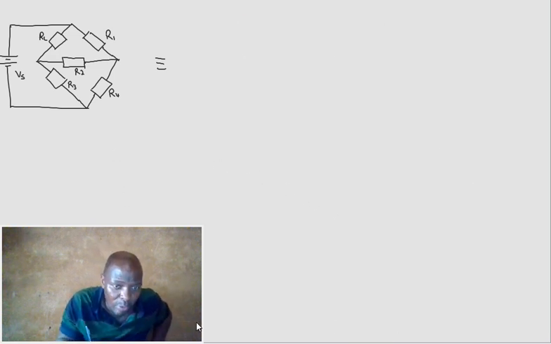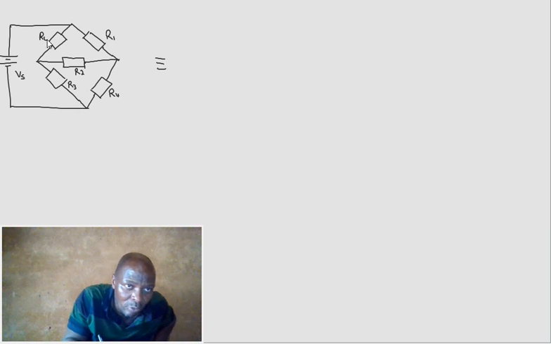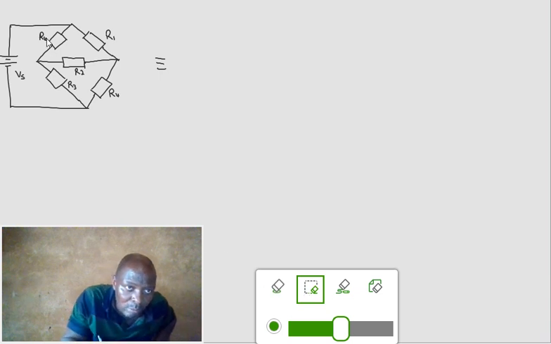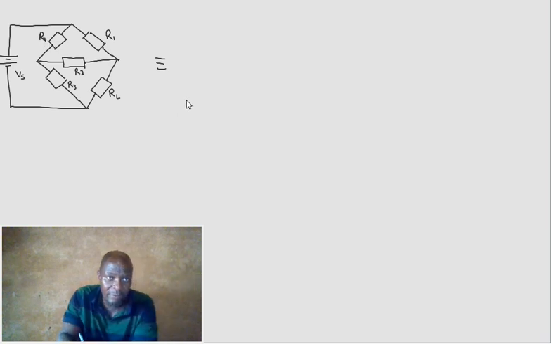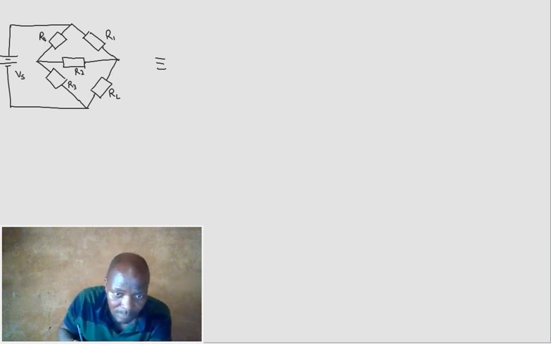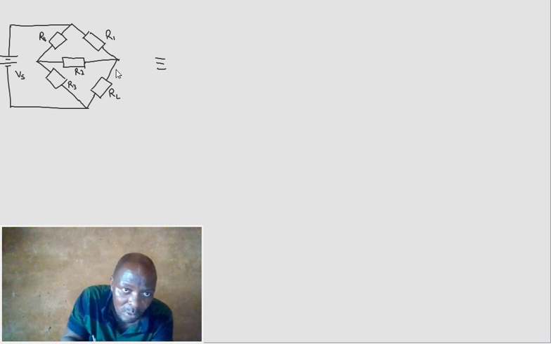Now, if we had this as R4, and we had this as RL, things will be different. We remove the one that we call the load, the one that is changeable.